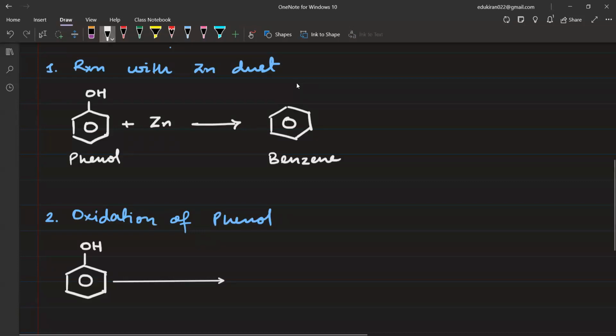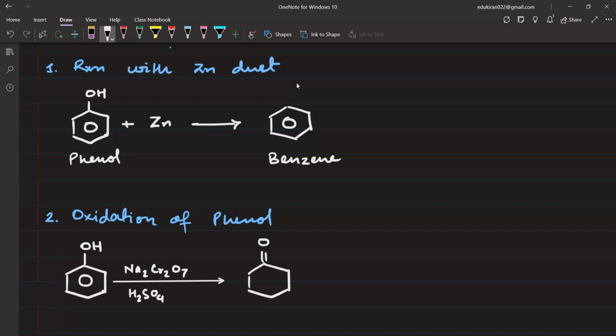So, please write Na2Cr2O7 in the presence of H2SO4. You will get benzoquinone, double bond O here, double bond O here, and double bond here and here. This is known as benzoquinone.